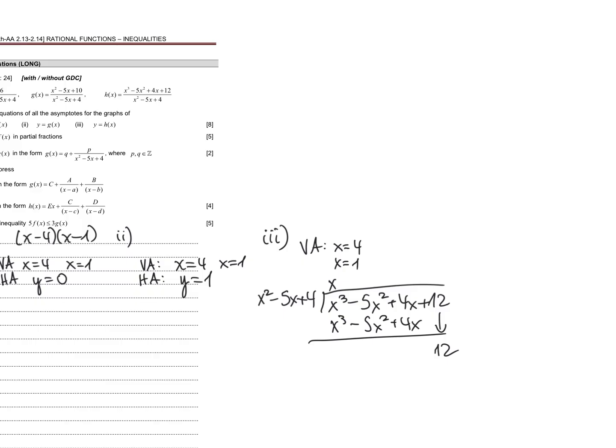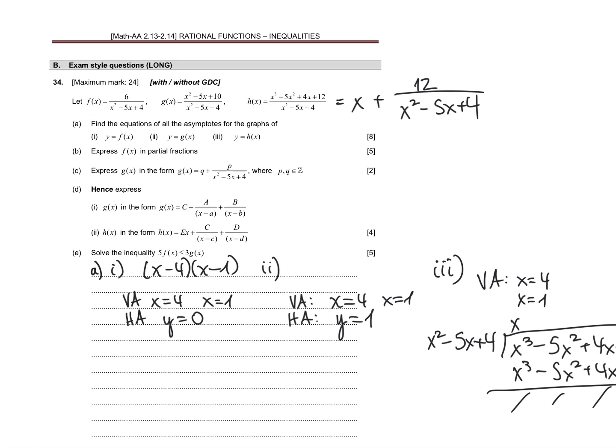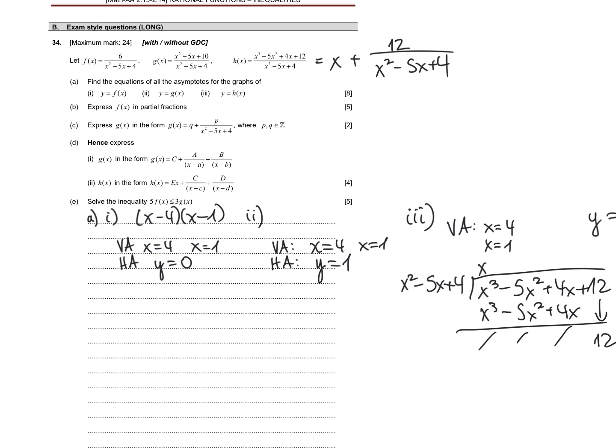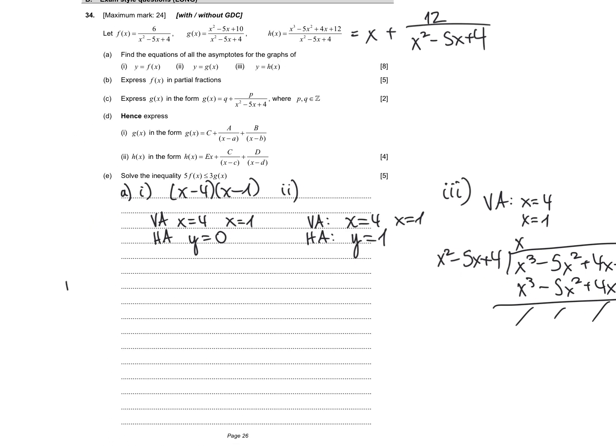So this is going to be equal to x, which is actually our slant asymptote, plus the remainder over x squared minus 5x plus 4.